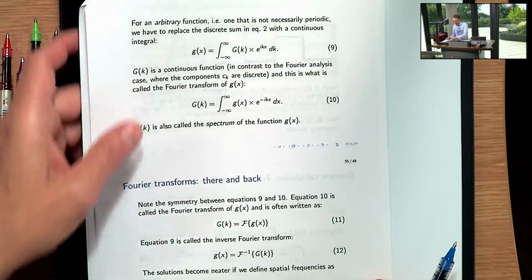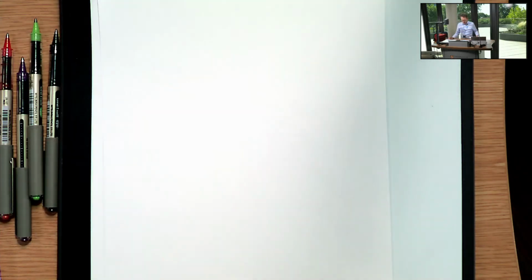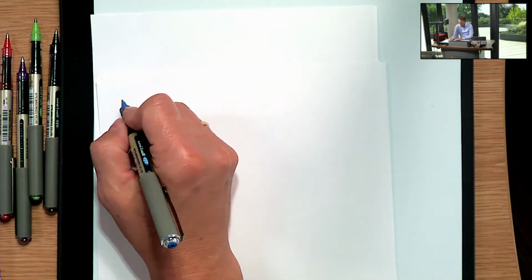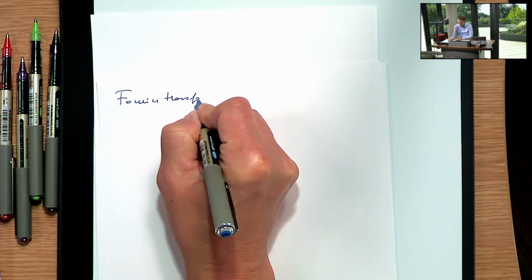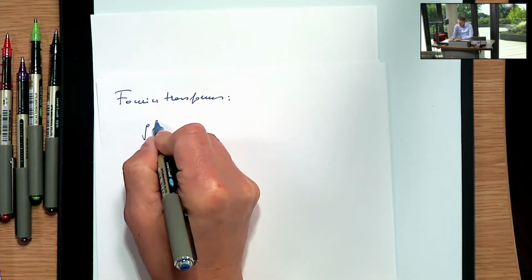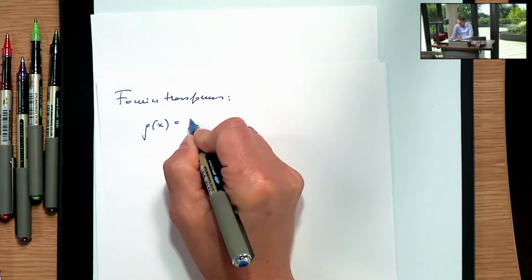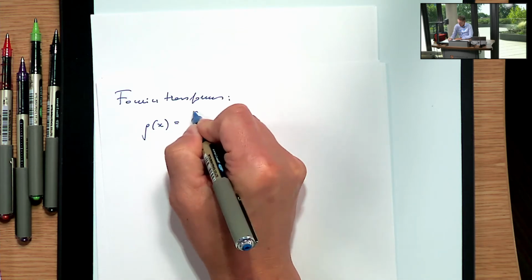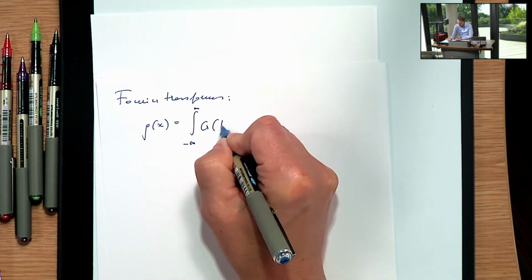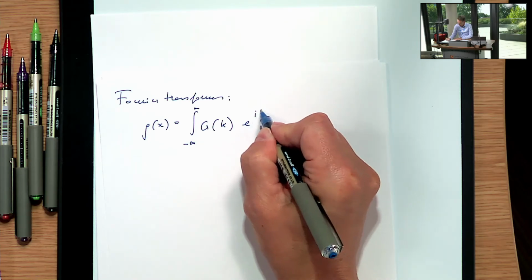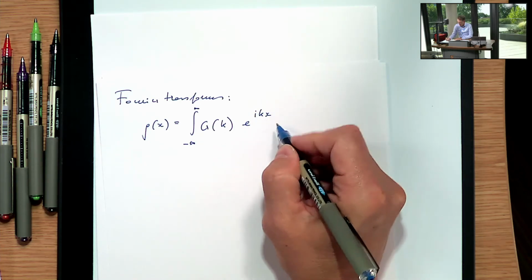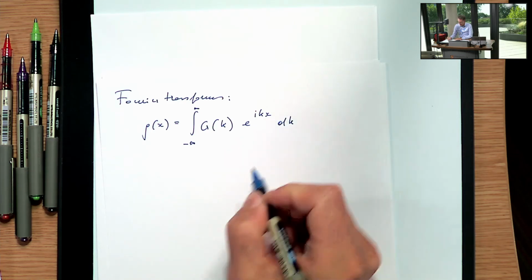Okay, so let's look at this again. Fourier transforms. A function g of x can be synthesized from its frequencies g of k, its frequency spectrum, which is continuous, and you multiply with the spectral components dk.